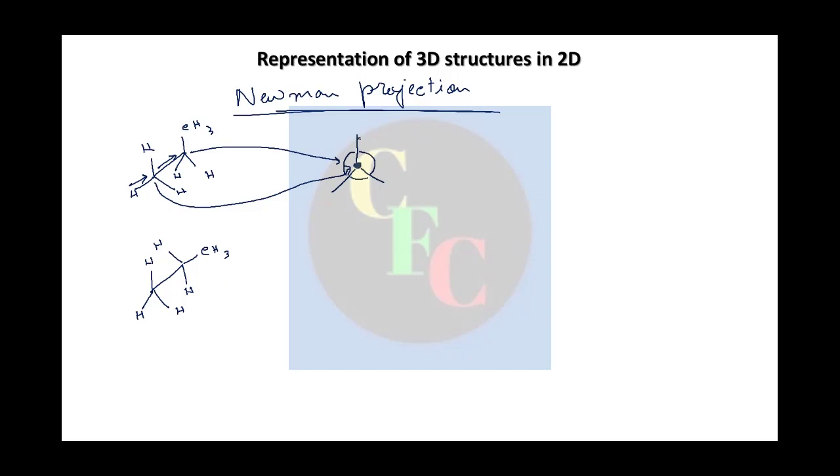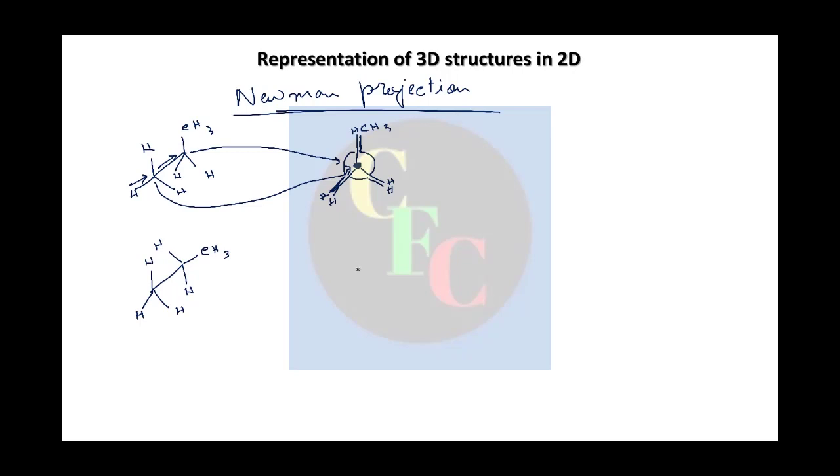Now you cannot directly see it, since it's actually overlapping, but for the sake of clarity, we draw the bonds very close to the other bonds, if it is eclipsed. So in this case, both are hydrogens, and here one hydrogen and another CH3. This is the eclipsed form of the Newman projection.